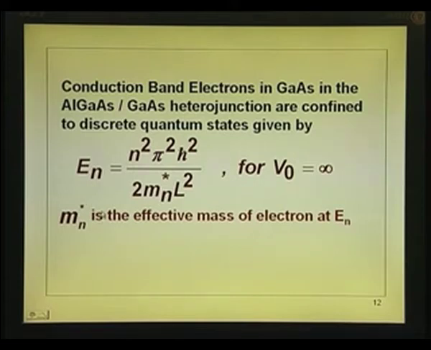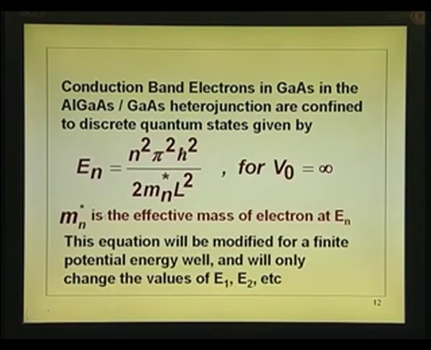If you want to talk of gallium arsenide, you replace that m by m n star, the effective mass, and the equation must be modified for a finite well, as I said just now. V naught actually should be changed to a finite V naught.